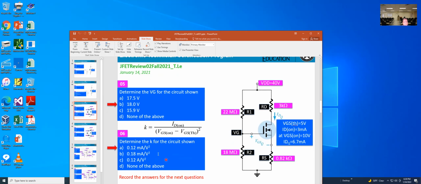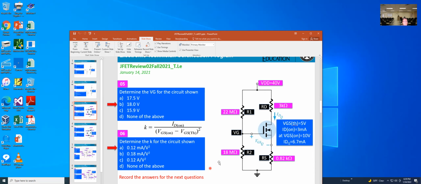Number 6, they want to know the K value. Formula equal ID on divide VGS on minus VGS DA. Okay? Everything they already given to you here. VGS DA 5 volt, ID on 3 milliamp, VGS on 10 volt.